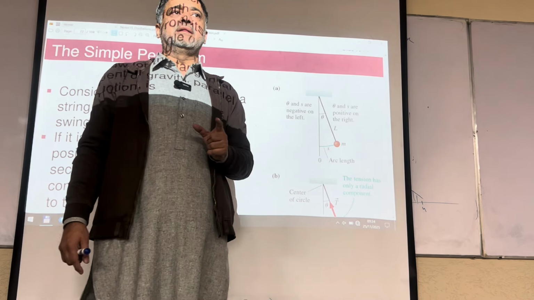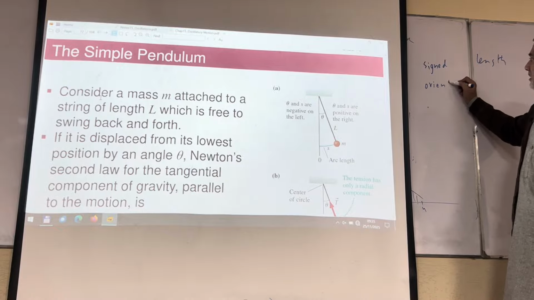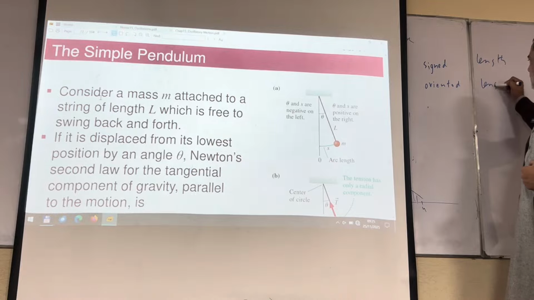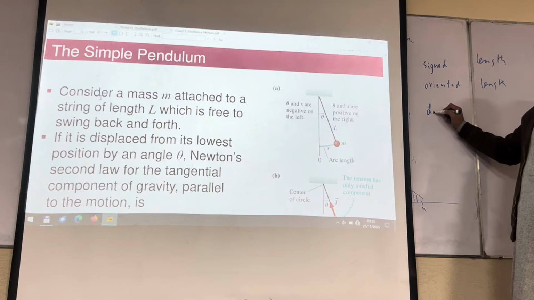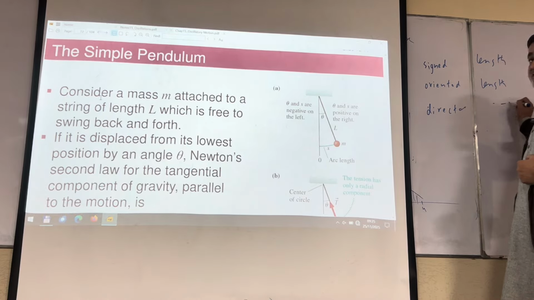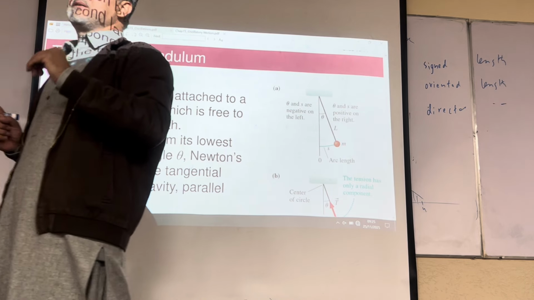One is signed length, which has a sign. Some people call it oriented length, and some people call it directed length. There are many names. So you need to use something to indicate that it can have positive as well as negative values.